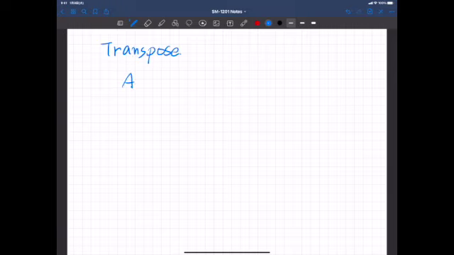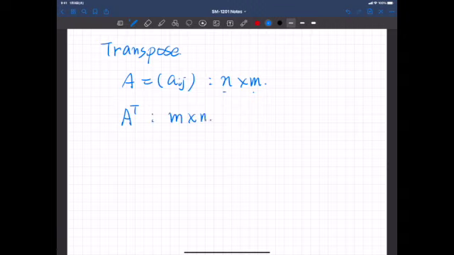So let's say we have a matrix A, which is an n by m matrix. Then we define its transpose, written as A transpose, to be an m by n matrix, where each row of A becomes each column of A transpose.